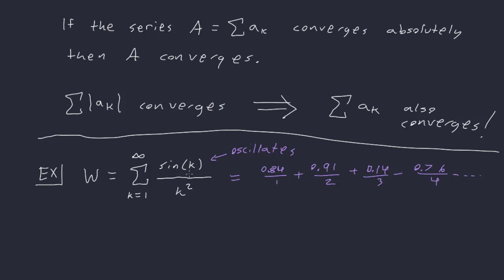We can't just use the alternating series test because it's not alternating. It's just oddly, wildly, strangely oscillating.